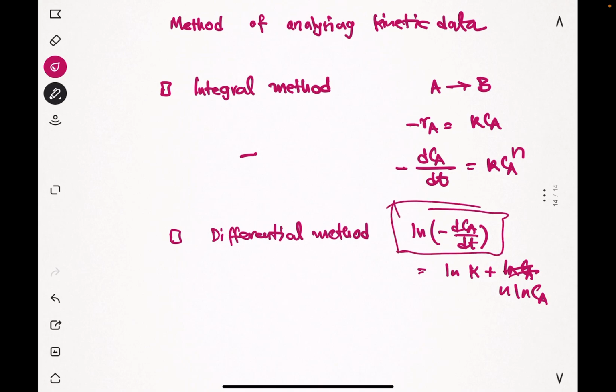From the experiments, we do not get dCA by dt. Instead, we measure CA or some other property which is related to CA. So in that case, we have to calculate this differential value. So dCA by dt has to be calculated from the experimental data.